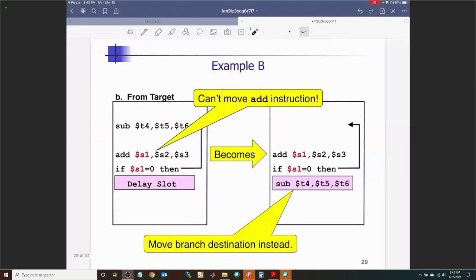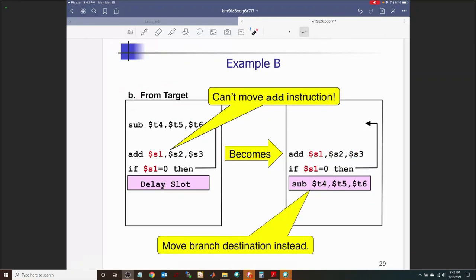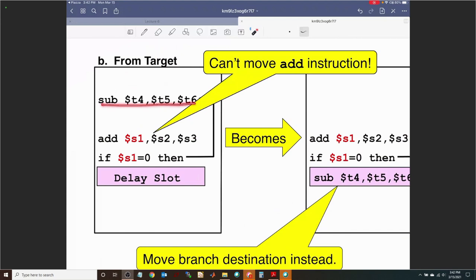The second example is get the instruction from the target. So you see this, you have a subtract instruction somewhere, you have an add instruction here. In this case, you are writing to S1 and you are immediately checking for S1 is 0 or not.